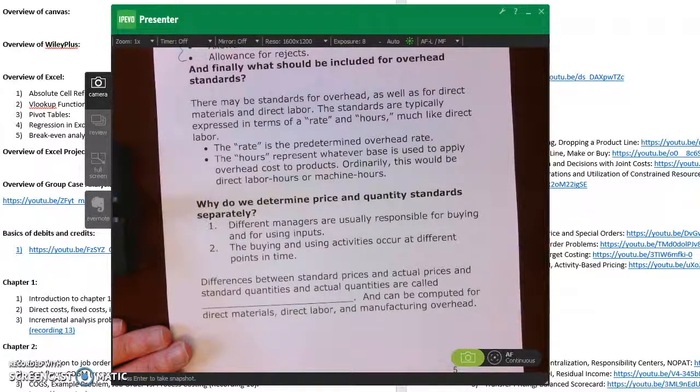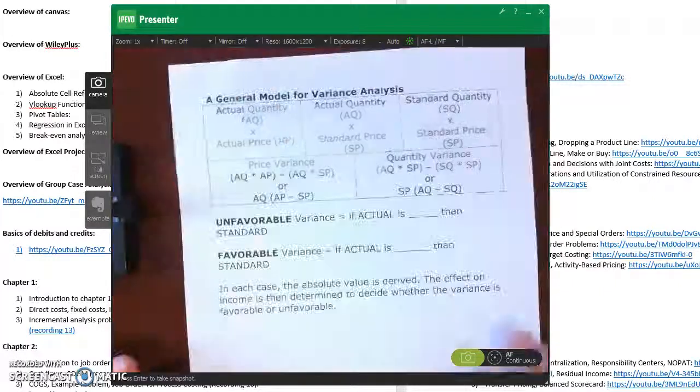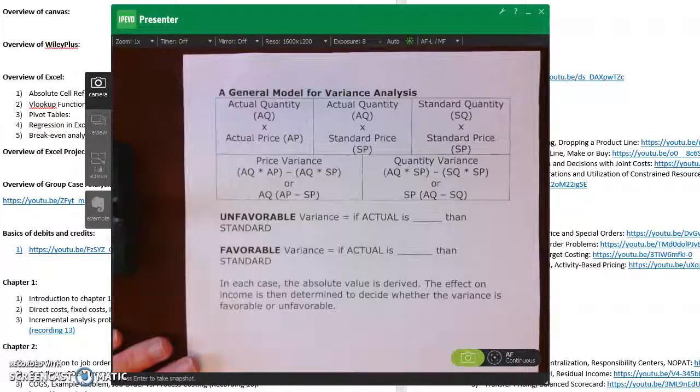Okay? We talk about differences between standard prices and actual prices and standard quantities and actual quantities. Those are called variances, and we will calculate those for direct materials, direct labor, and manufacturing overhead. We look over here on the next page, and we have a general model for our variance analysis.